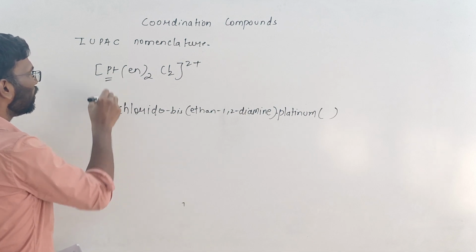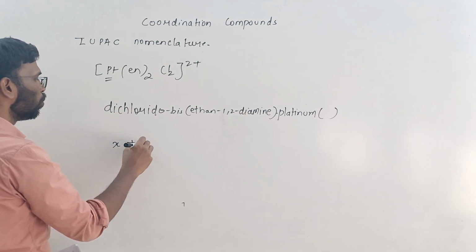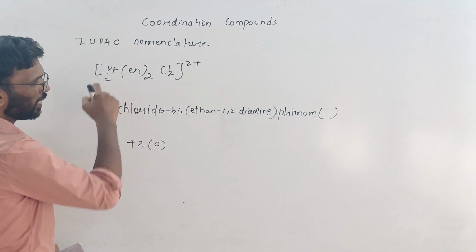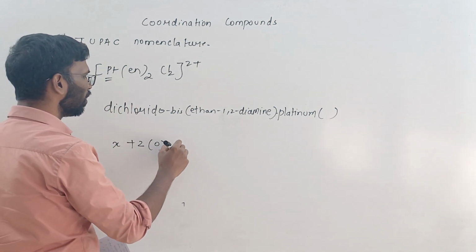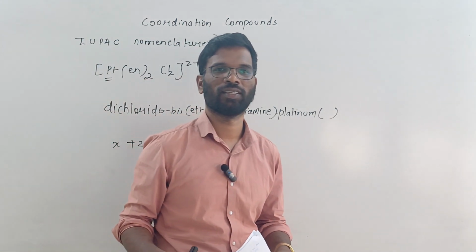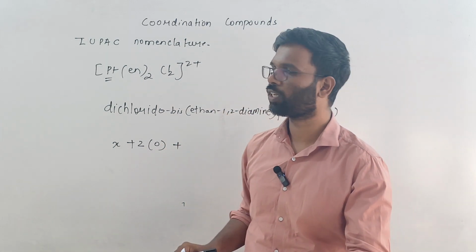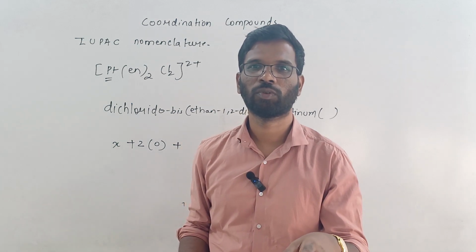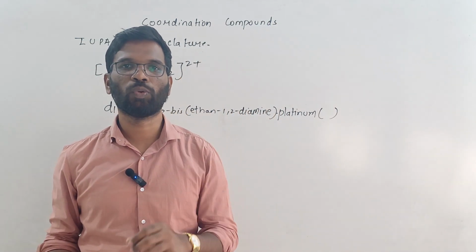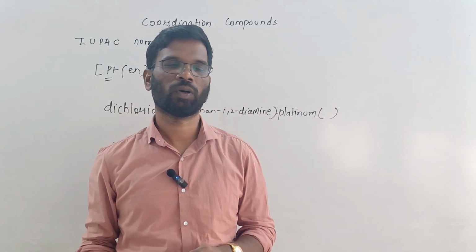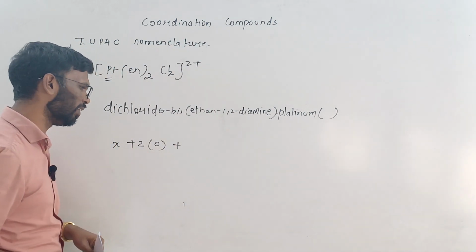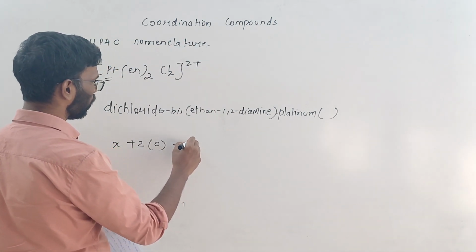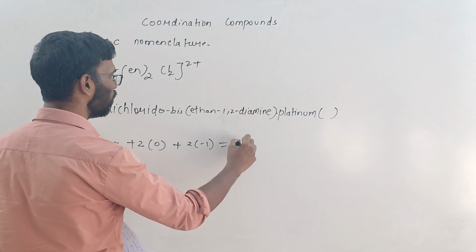Let's see. I am putting X plus 2 into 0, because en charge is 0. How do we get to know? You should know by heart which ligands are positive, which are negative, and which have a neutral charge. It is given in NCERT. So this is 2 into -1, which is equal to +2.